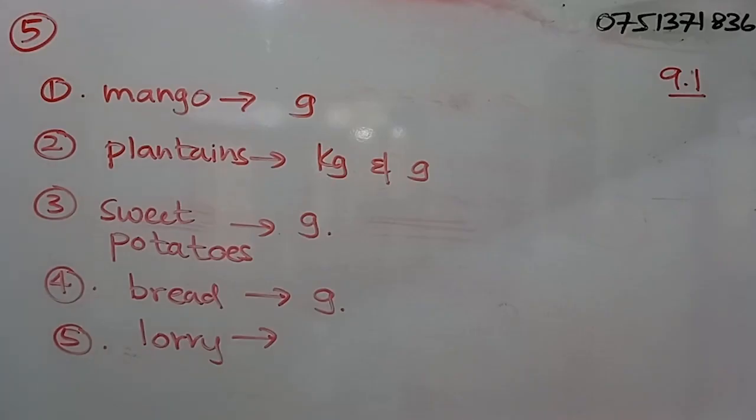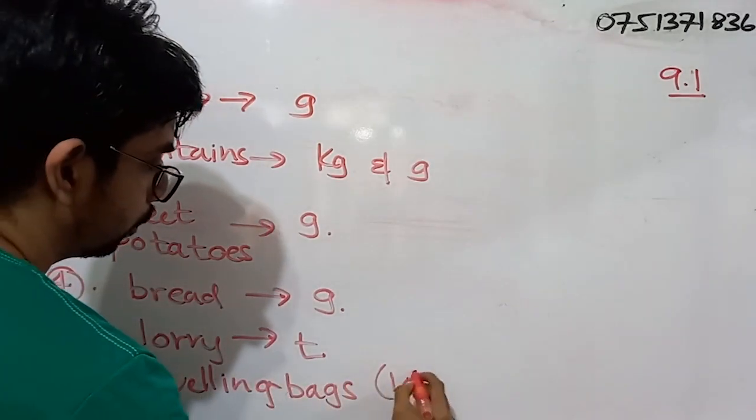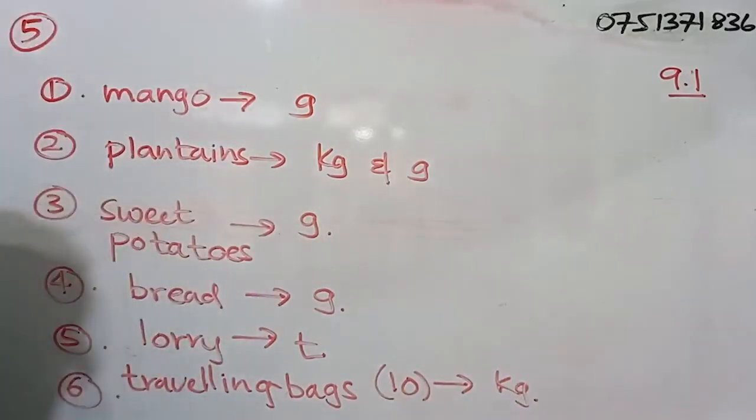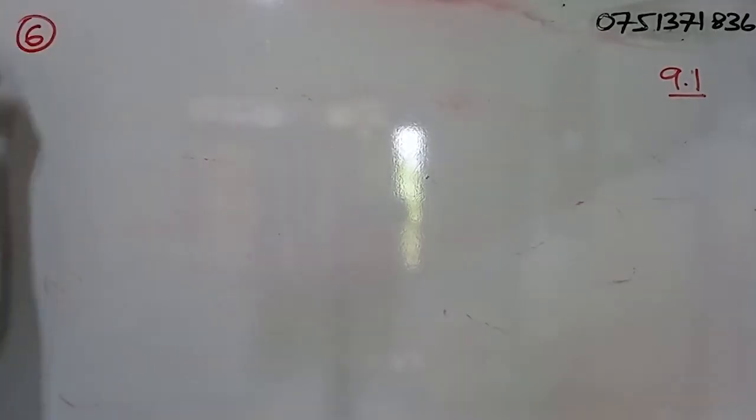So that is tons. Part 6. What do we have? 10 traveling bags in a lift. So for part 6, I simply write traveling bags. So 10 of them. So we can use what? Kilograms. No?